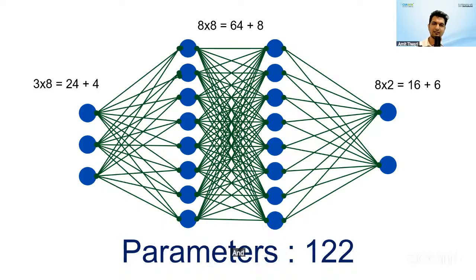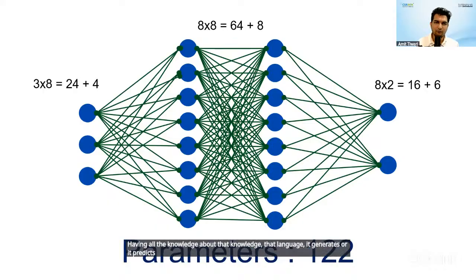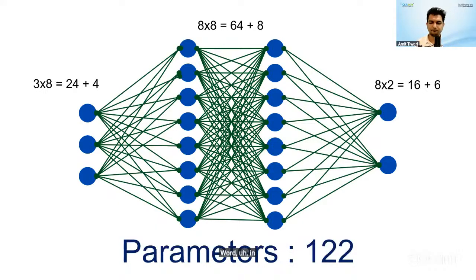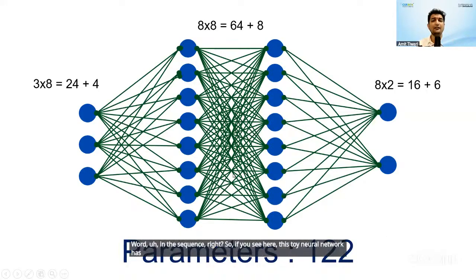When you send in an input or ask it a question, by having all the knowledge about that language, it predicts the next word in the sequence. So this toy neural network has 122 parameters. ChatGPT has 175 million parameters.